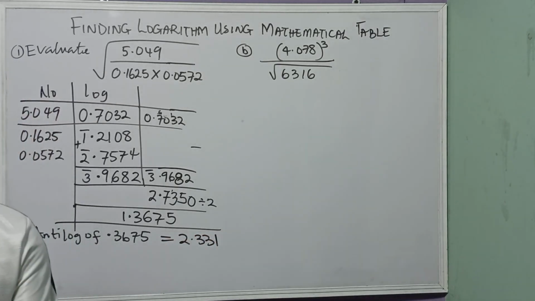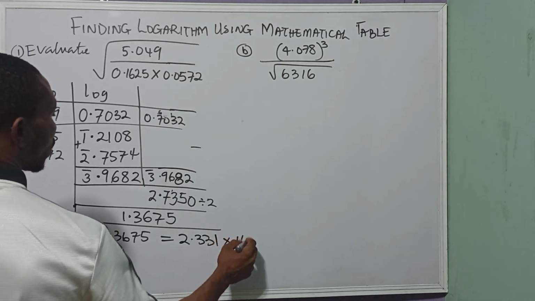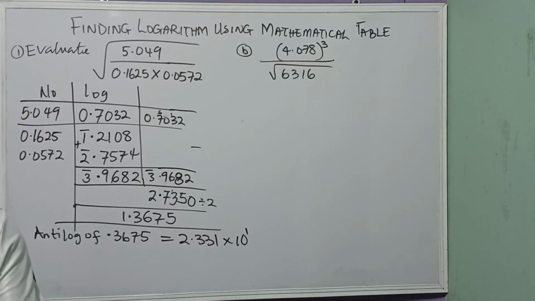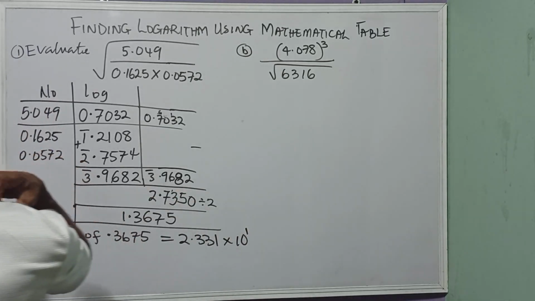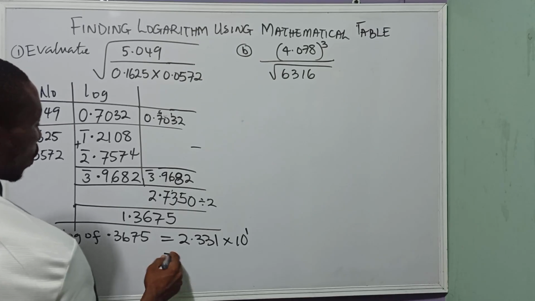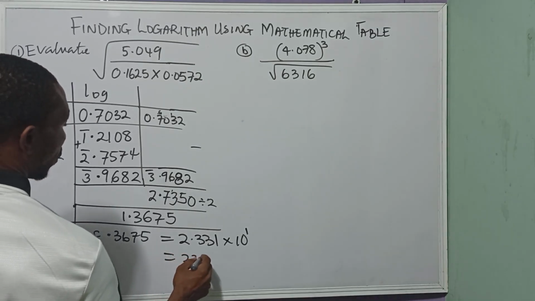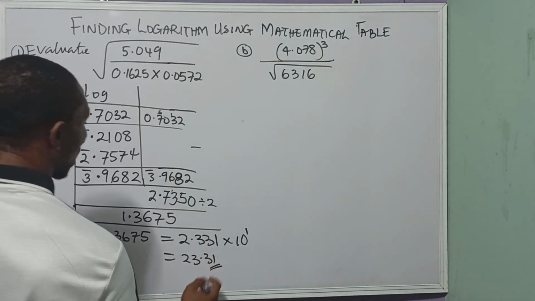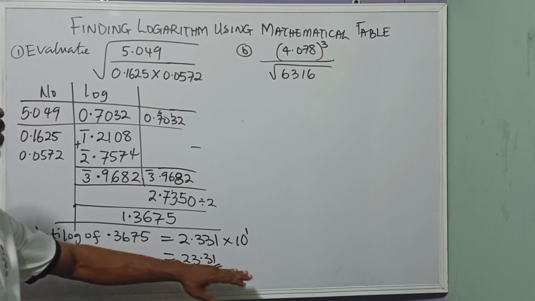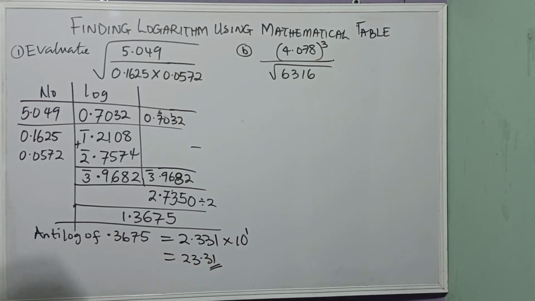Now, times 10 raised to our characteristic here, 1. Either we leave it this way as 2.331 times 10 raised to power 1, or we can write it as 23.31 as our answer. Now, this is in standard form and this is in normal form.